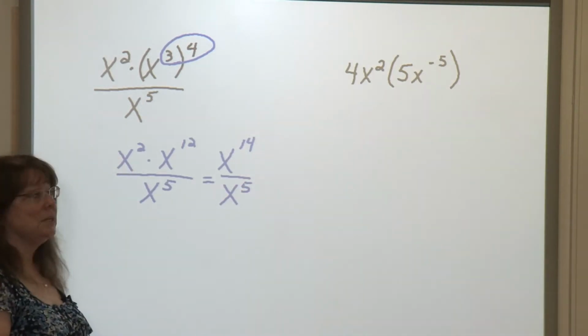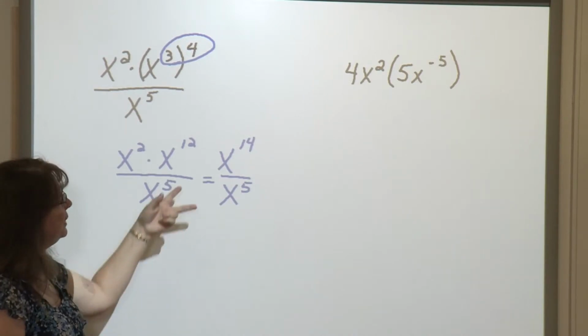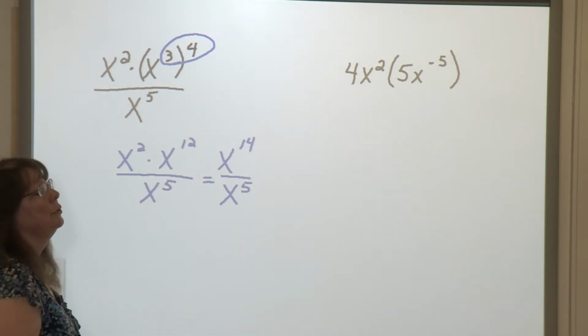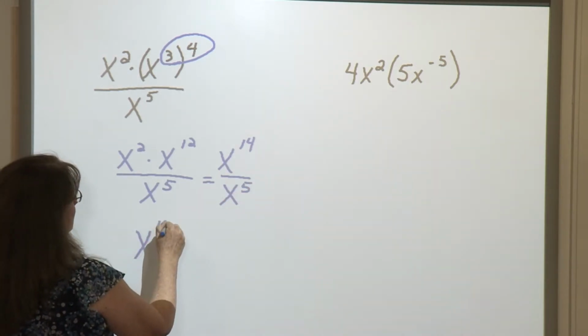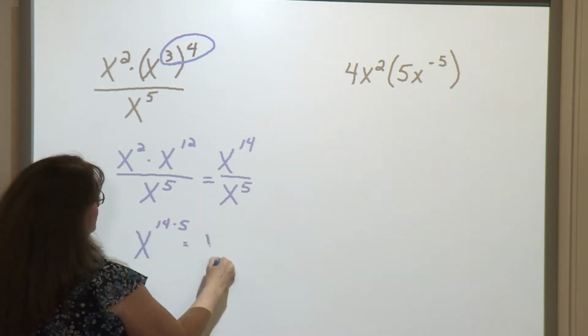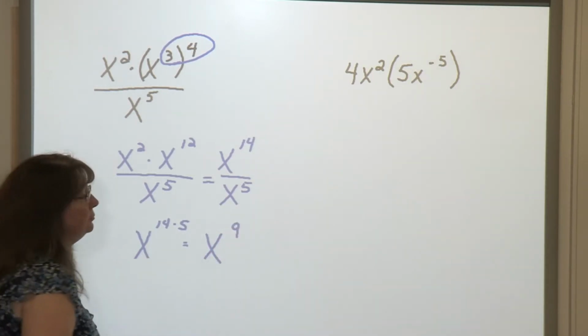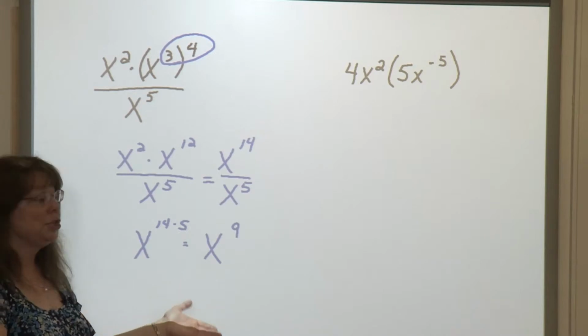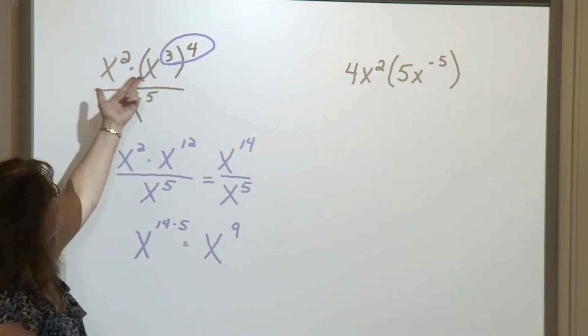So now I only have a single x in the numerator and a single x in the denominator. To finish, I'll want to use the quotient rule. Take the top exponent and subtract the bottom exponent. And I end up with x to the 9th power. Notice when we finished, we only see that base x once. When we started, we had it in here 3 times.